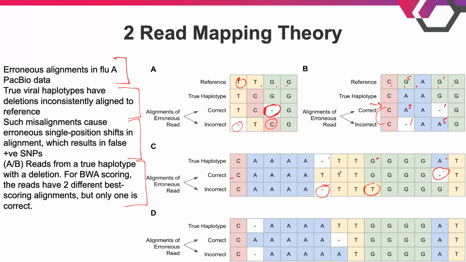And this matches this deletion here. Vice versa, there's another example down here where we have this read here. If we look at the difference here, we have an indel versus the reference genome, an insertion here. The other one has the same match here, but the T is a SNP here.